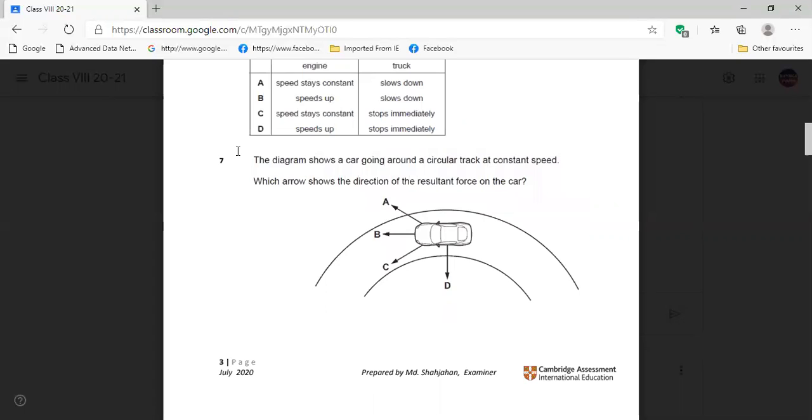Which arrow shows the direction of resultant force of the car? I think it's C.